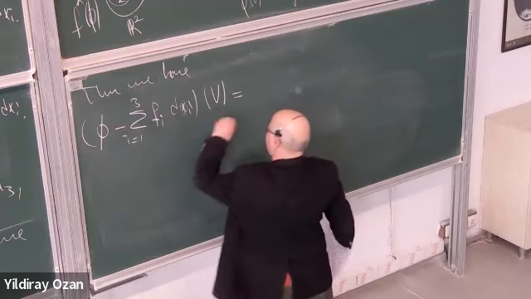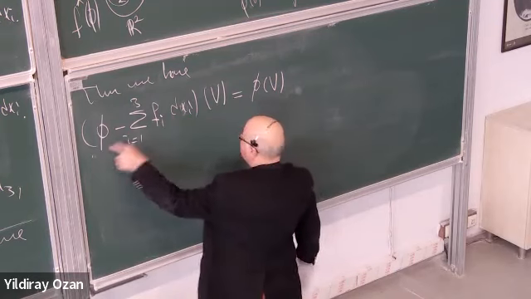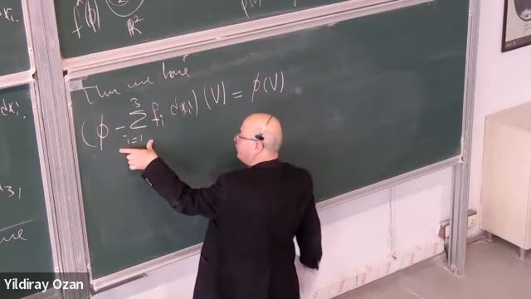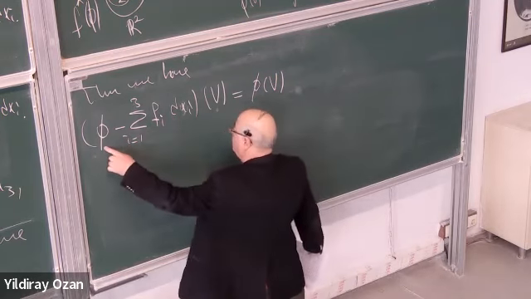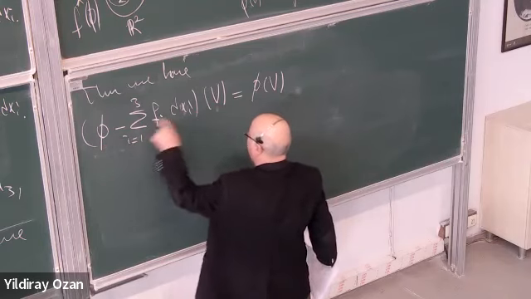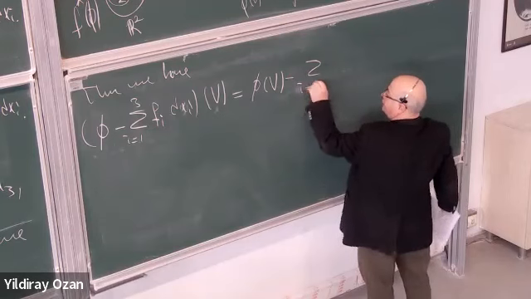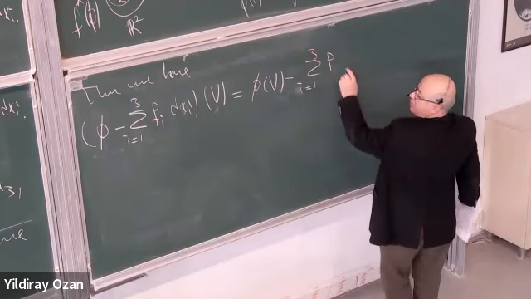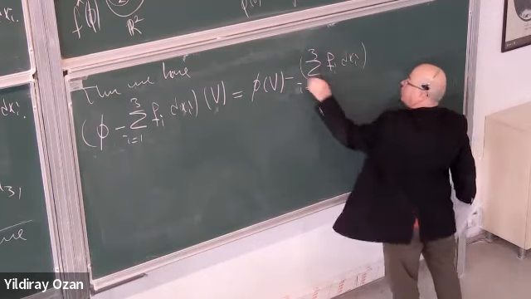Well, this gives me this object, right? These are just functions. I take the difference of the functions, apply to a vector. So I take v of, so phi of this minus this expression of v.